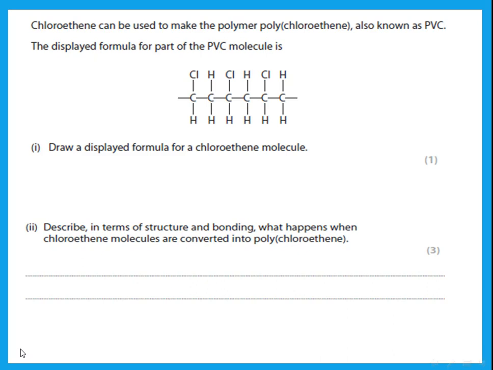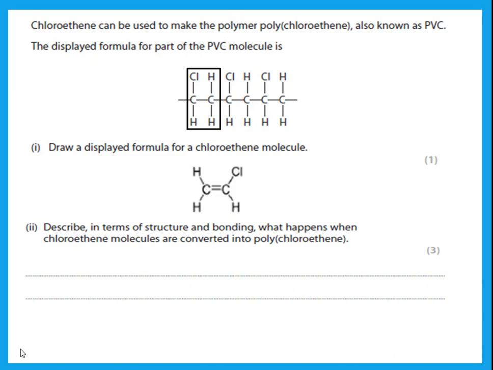And we said, first of all, you need to look at the repeat unit, the unit that is being repeated. Can you see that this part is being repeated 3 times in that molecule? So that is the part that you need to use to make the monomer. And we said to make the monomer, you remove the bonds on both ends of the carbons and you put a double bond in the middle. So this is basically what you have.